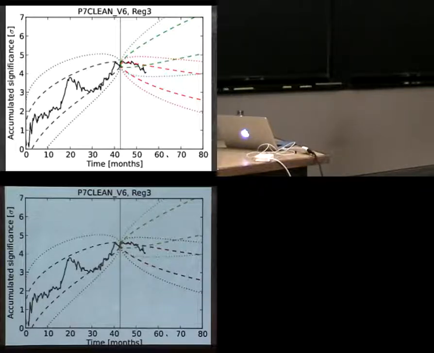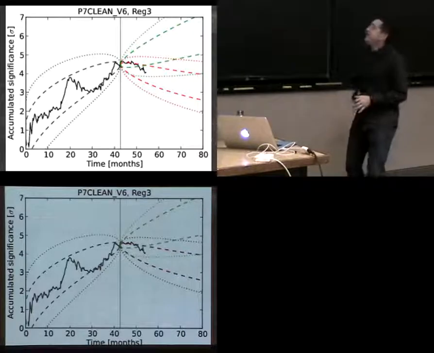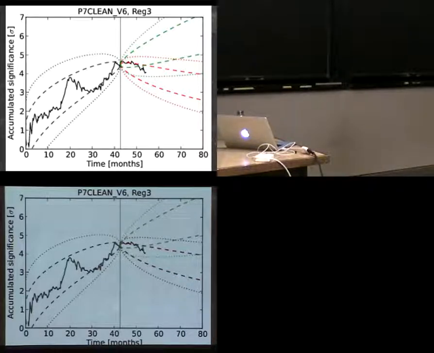It jumped up, there must have been a bunch of gamma rays there, got up to almost 4 sigma, stayed around there for a while, got up to 5 sigma. Christoph wrote his paper when he hit 5 sigma, and then it just kind of went down. And actually this clock continues, it just keeps getting sadder and sadder. It's just slowly going down over time. These green and red lines are projections of what it should have looked like. If it was a real signal, it should keep climbing, and it should kind of be like here.